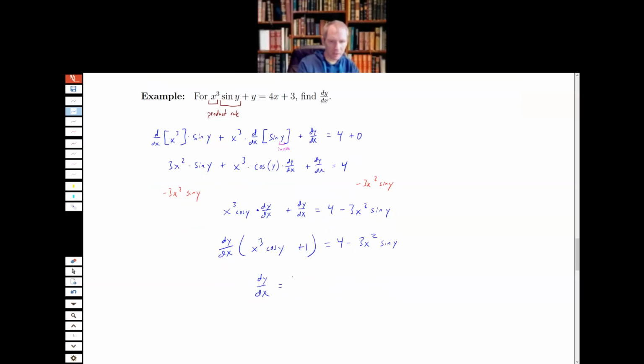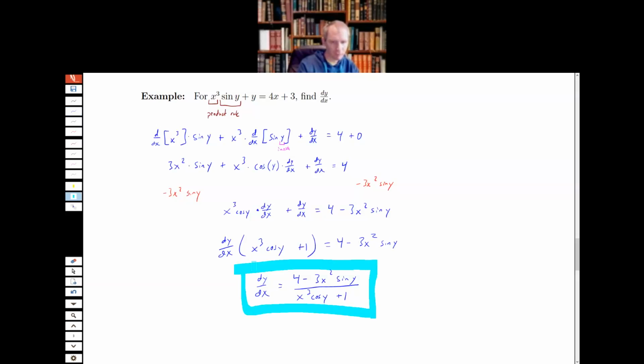So dy/dx equals 4 minus 3x squared sine y over x cubed cosine y plus 1. Okay, so that's an example of implicit differentiation. Any questions so far?